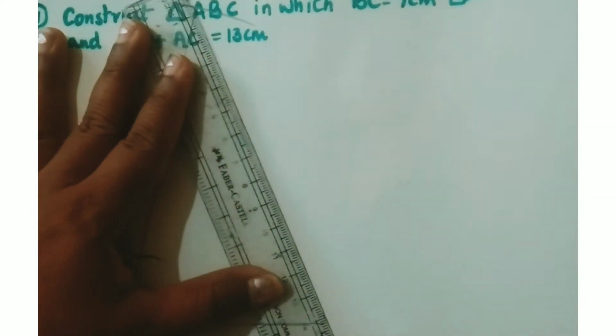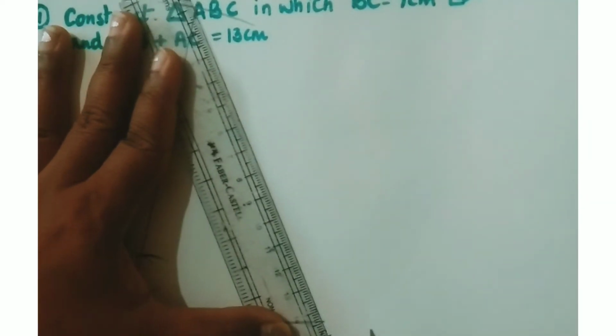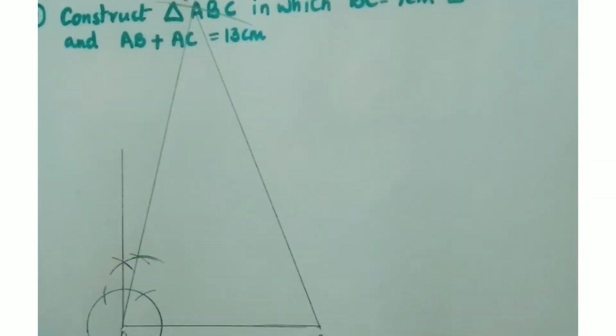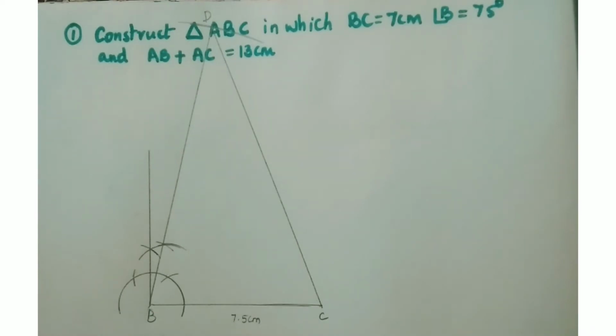Now you have to join CD. After you join CD, you are going to draw the perpendicular bisector.